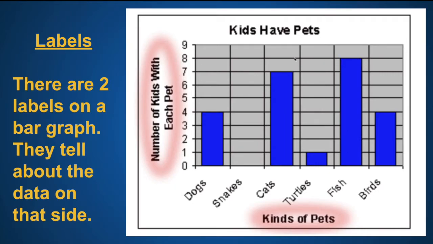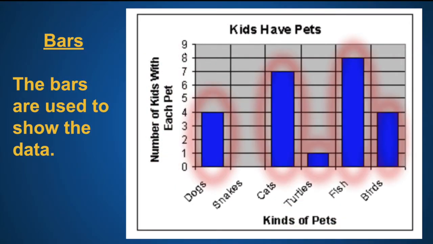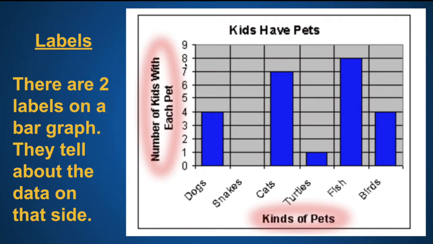Fish, 8. Excuse me, I snuck ahead on the slide there. And birds also 4. So once more, the labels tell what the information on each side says. In this case, the labels on the bottom tell us what the choices were, what kind of animals kids said, and the label on the side tells us how many.